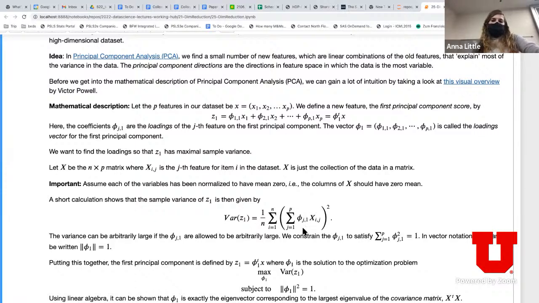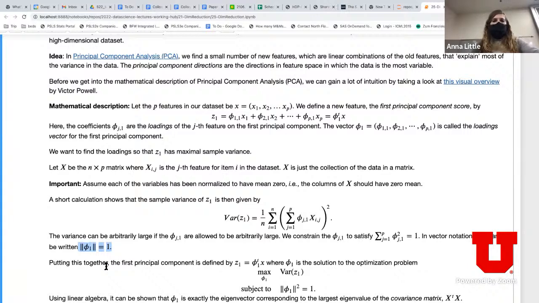Well, we can make this arbitrarily large just by picking phi really, really big, but that's not really what we want to do. It's more about how big certain entries are in relation to the other entries. So what we do is constrain this vector phi to have unit norm. If we add up all of the squared entries in this vector, we're going to constrain it to be 1. So we're going to assume phi has norm 1.